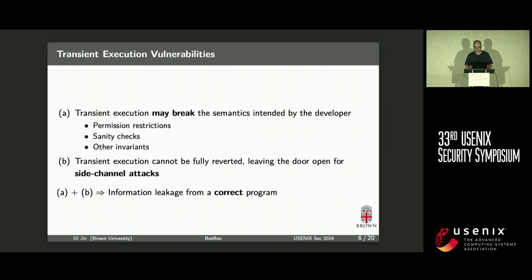On the one hand, these transient instructions may not follow the semantics intended by the programmers, but on the other hand, they are not fully transient in the sense that they leave behind various tracks in internal CPU states, such as the cache, which can later be recovered through side channels. These two things combined mean that even if the program is perfectly correct, the CPU can still leak secret information.